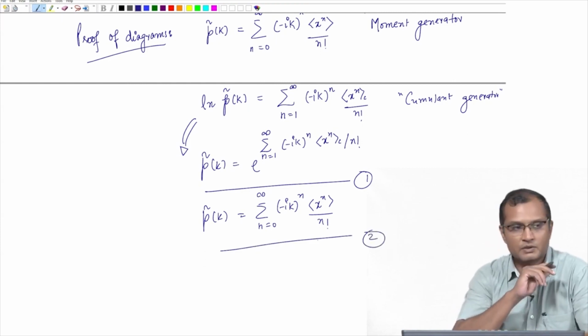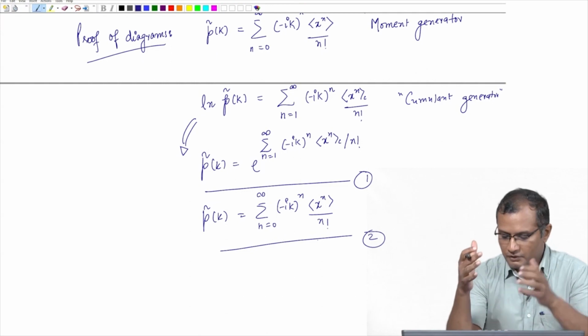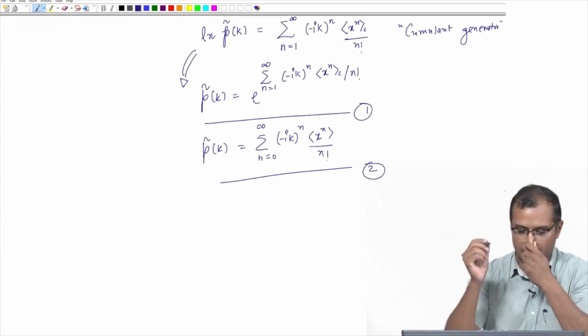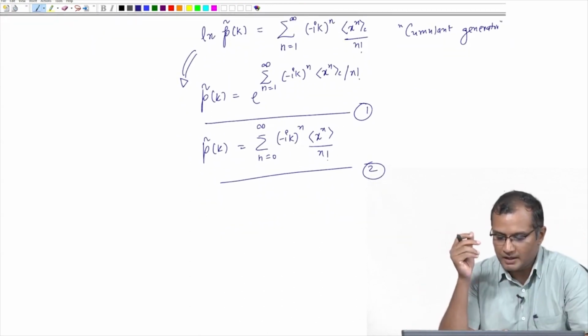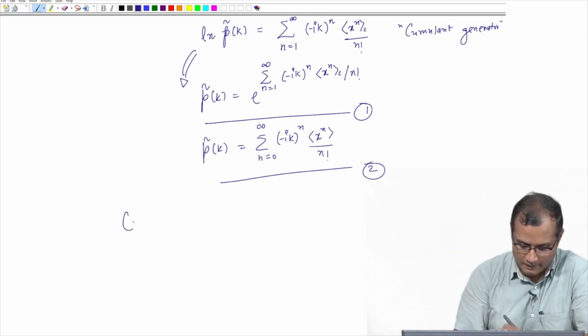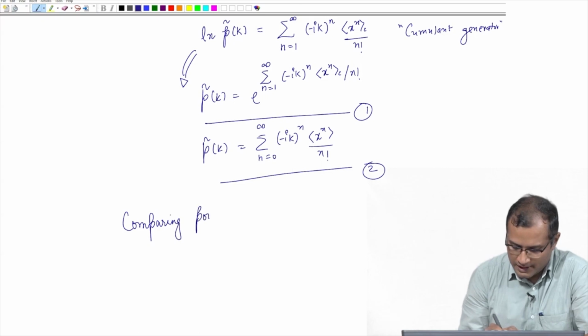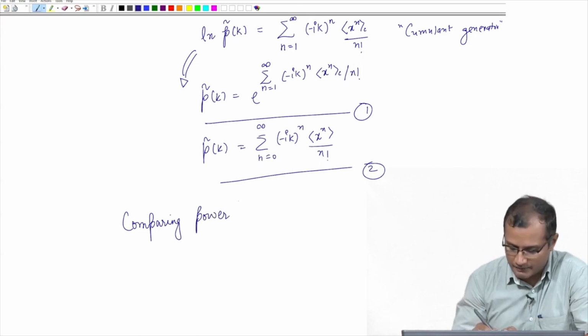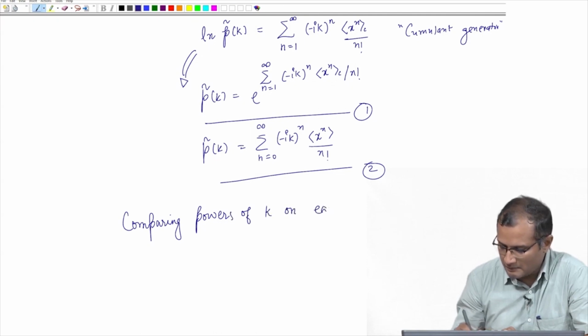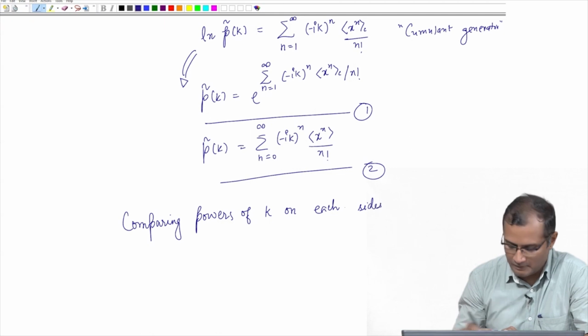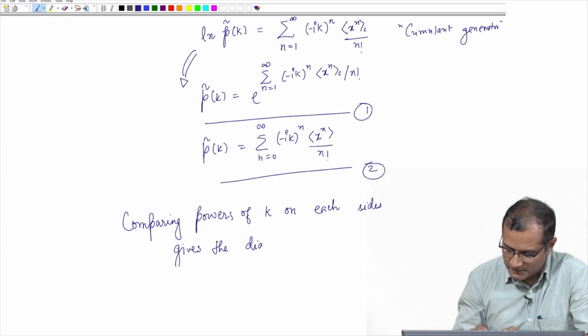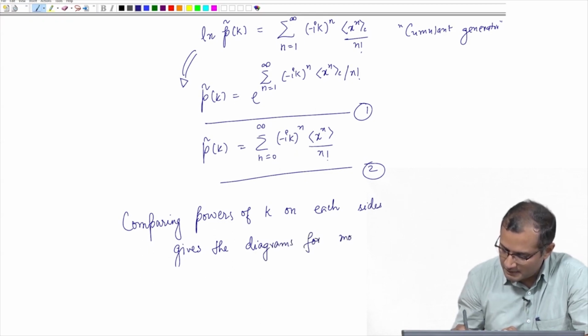So, if you compare the like powers of k on each side, you will get this formula of diagrams for moments.